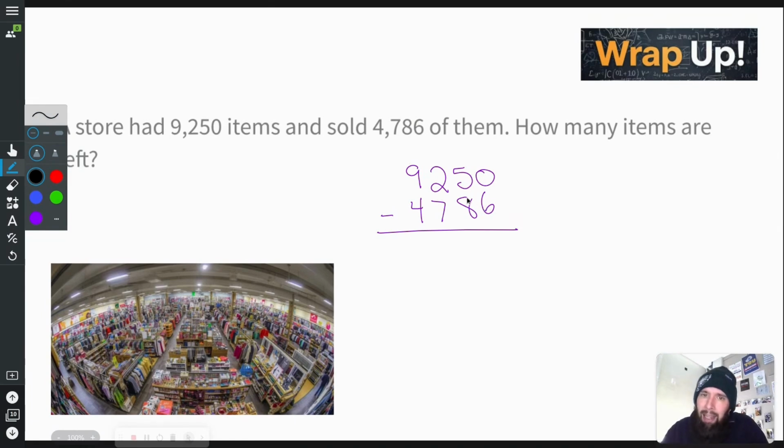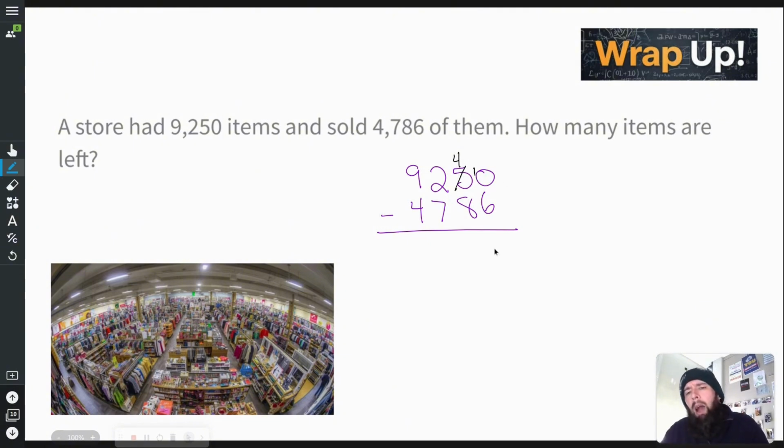0 minus 6, can't do it. Borrow 1 from a 5, make you a 4, and make you a 10. 10 minus 6 is 4. 4 minus 8, can't do it. Borrow from the 2, make it a 1, so now you're a 14. 14 minus 8 is 6. 1 minus 7, can't do it.